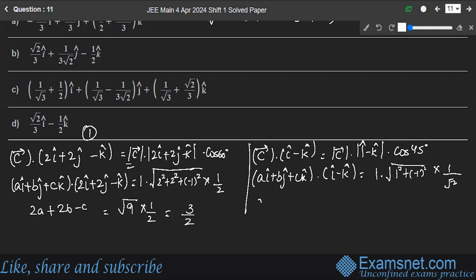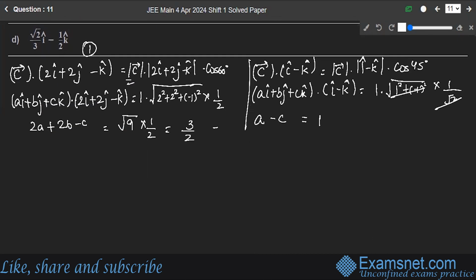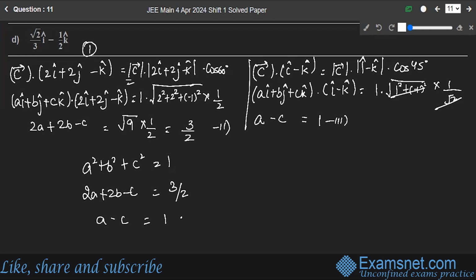This will give me A plus 0 minus C is equal to, they will cancel out and you will have 1. So that means I have 3 equations now. What are those 3 equations? This is the first one, this is the second one, and the third one. So you have A square plus B square plus C square is equal to 1. Also, you have 2A plus 2B minus C is equal to 3 by 2. And the third one, A minus C is equal to 1. These are the 3 equations that you get.